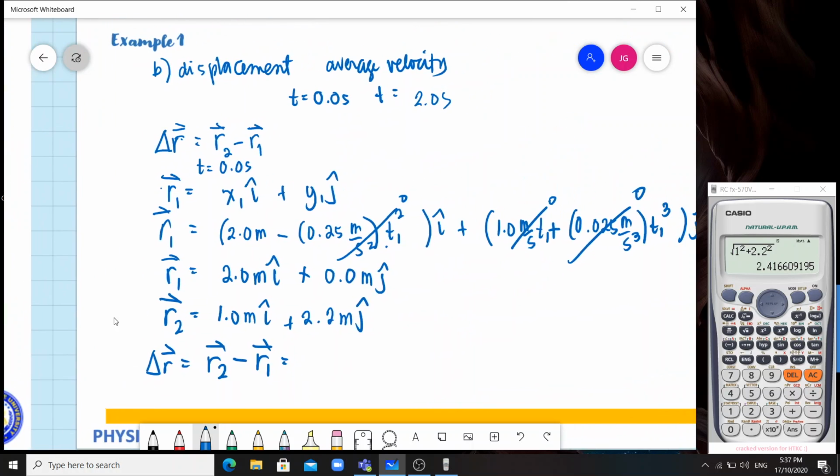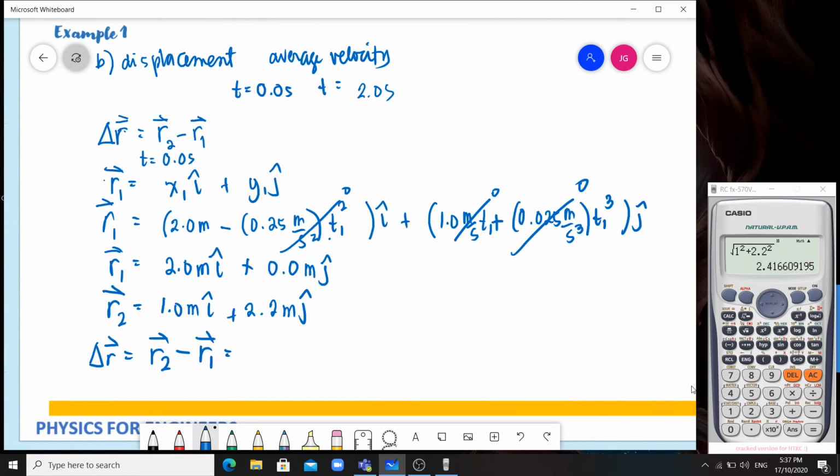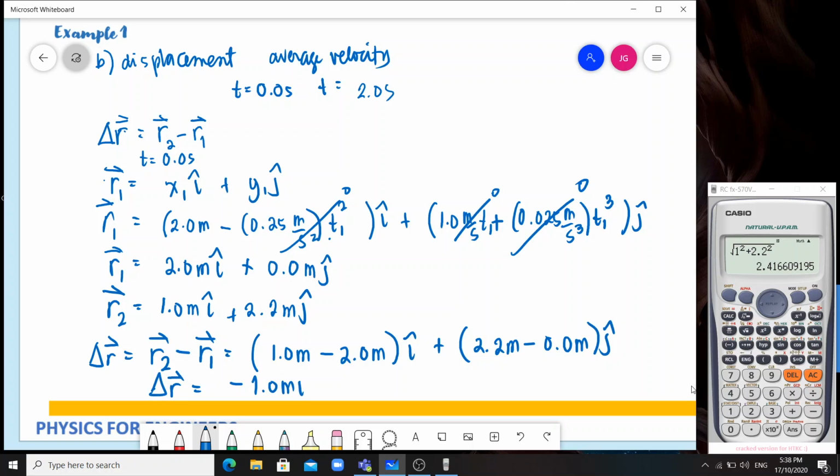Apply natin yung natutunan natin sa unit vectors. So, R2 minus R1, 1.0 meter minus 2.0 meter i plus 2.2 meter minus 0.0 meter j. So, the displacement here is negative 1.0 meter i plus 2.2 meter j. Ayan, meron na tayong displacement.